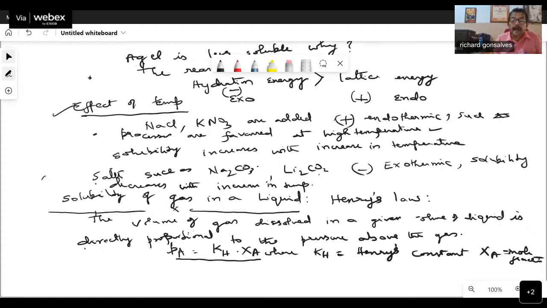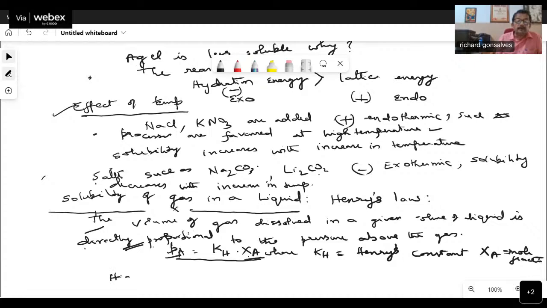Therefore, if the partial pressure of a gas is more, you can notice here, then more gas will dissolve. Higher the pressure, higher will be the amount dissolved. KH is called Henry's constant.